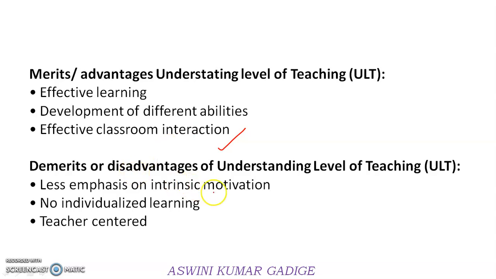The demerits are less motivation and individualized learning. That means everybody has to learn for themselves. Nobody will motivate here, the student has to learn by him or herself, and it is completely teacher centered.